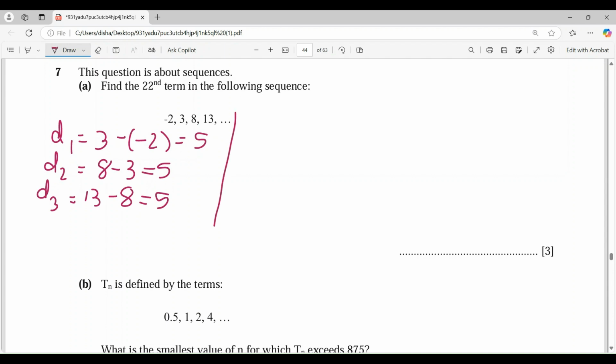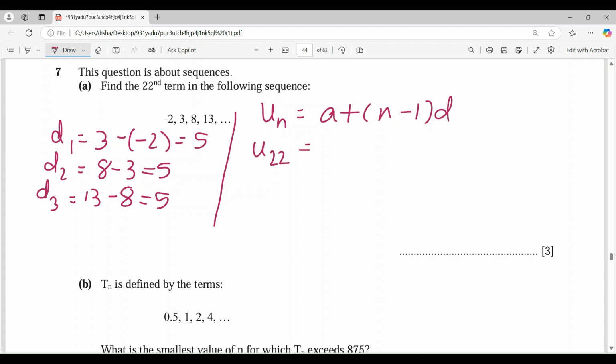So we should know the formula for the term of an AP. The formula is Un equals a plus (n minus 1) times d, where a is the first term, d is the common difference, and Un means any nth term. I want the 22nd term, so n I'll put as 22.